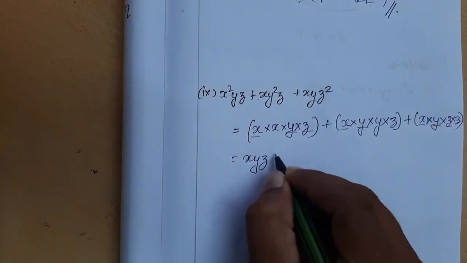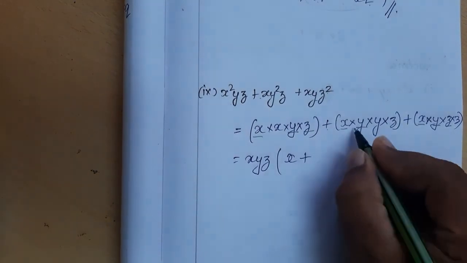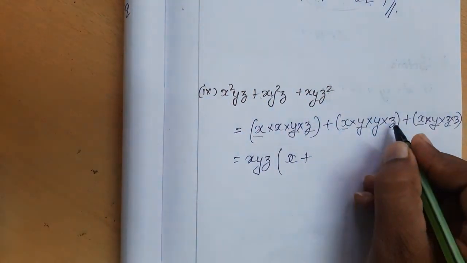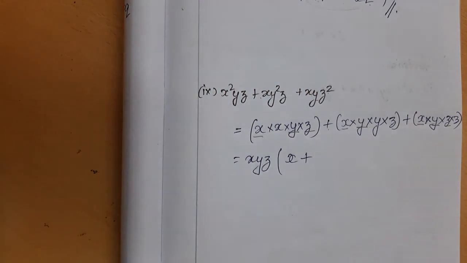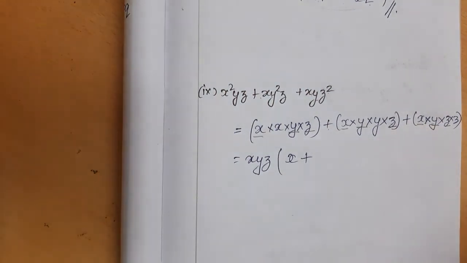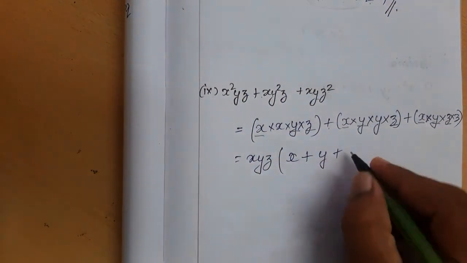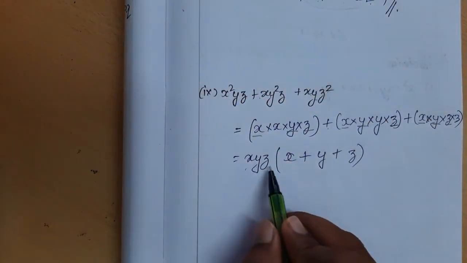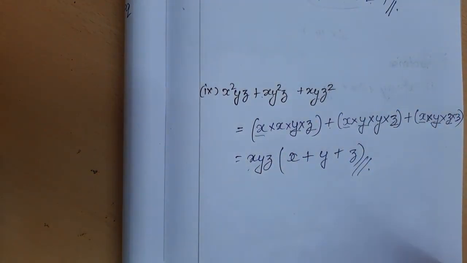Applying the distributive property, here the rest is x, plus here the rest is y, plus here the z. So x into y into z multiplied with x plus y plus z. So it is factorized. Thank you.